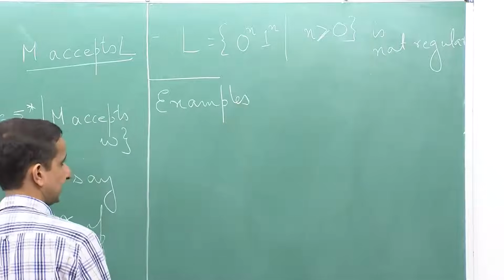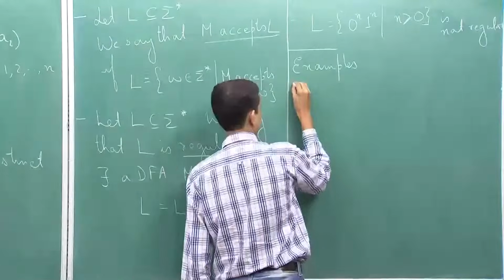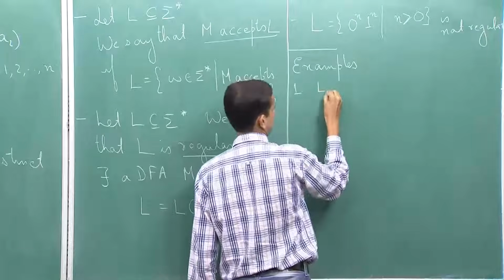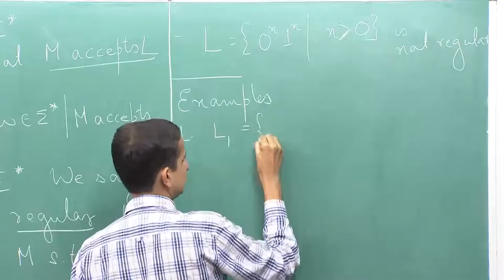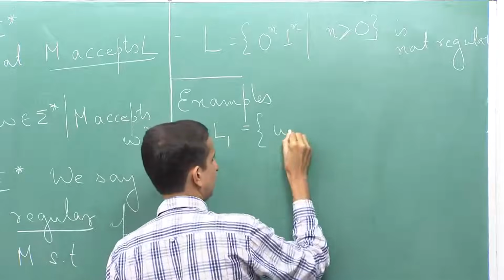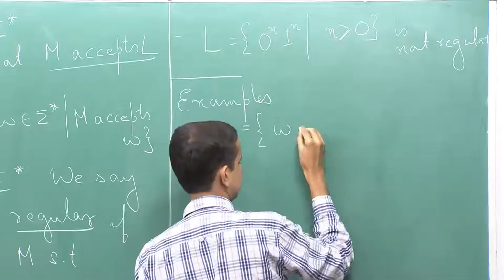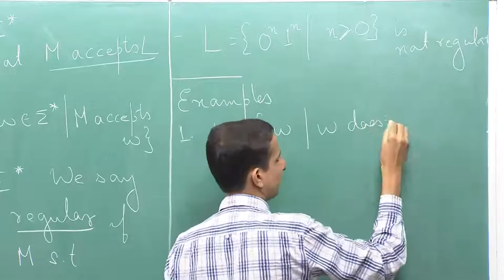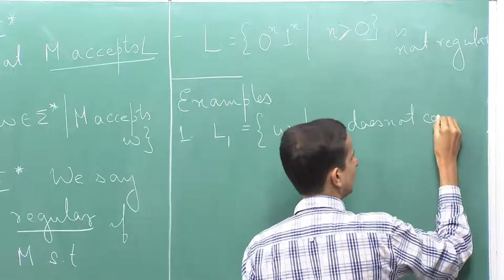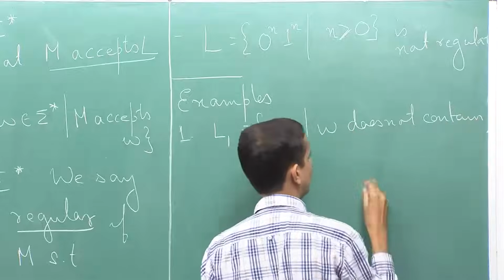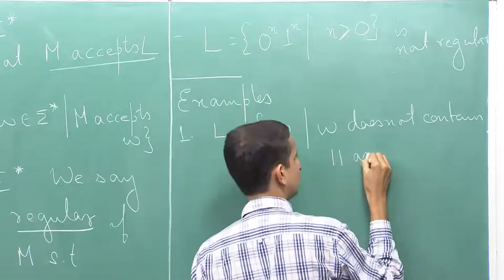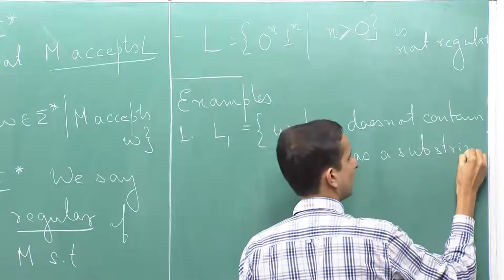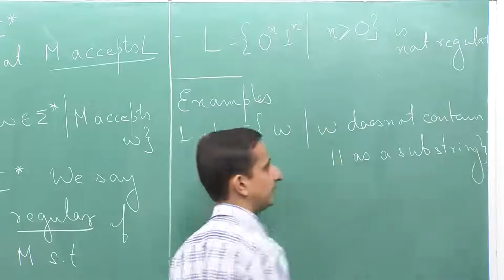The first example that we will see is, let us call it L1, the set of strings W such that W does not contain 1 1 as a substring.